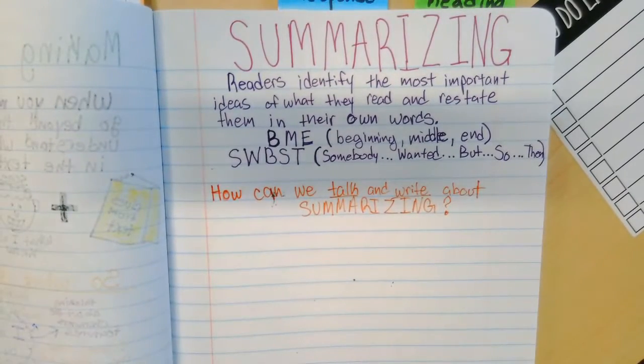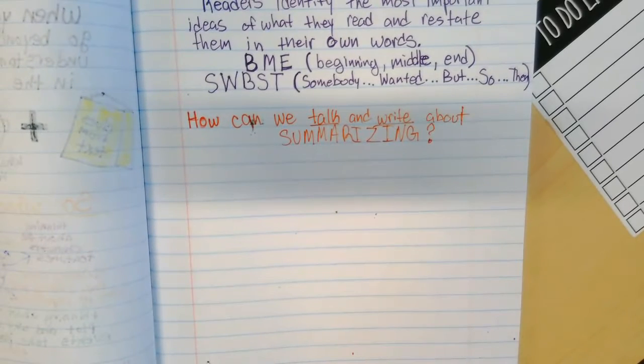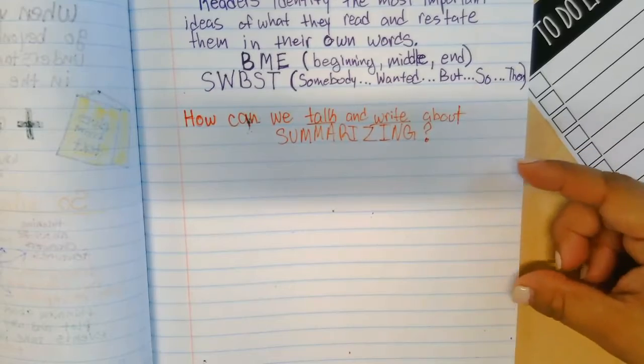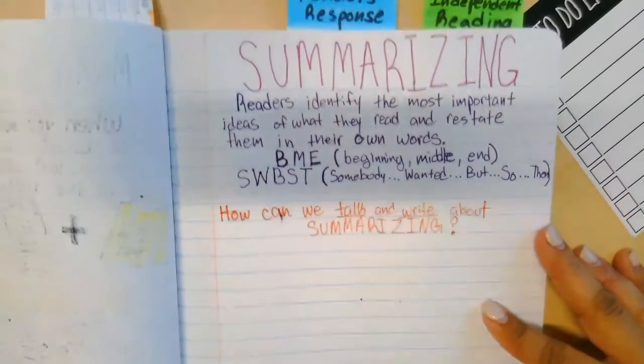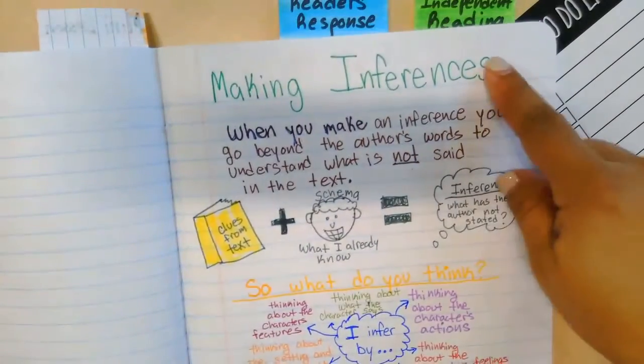So remember that these sentence starters, these sentence stems, are really important. I am not just giving them to you to write on your anchor chart. I'm also teaching them to you because you can use these sentence starters whenever you write summaries or whenever you write for inferences.